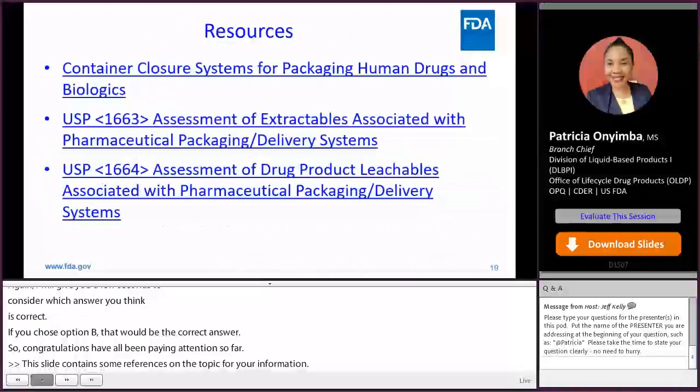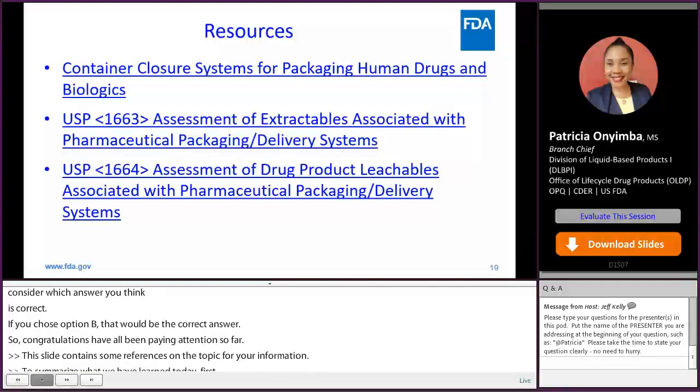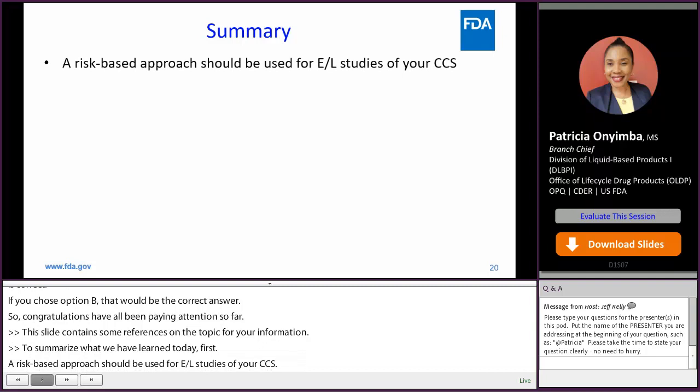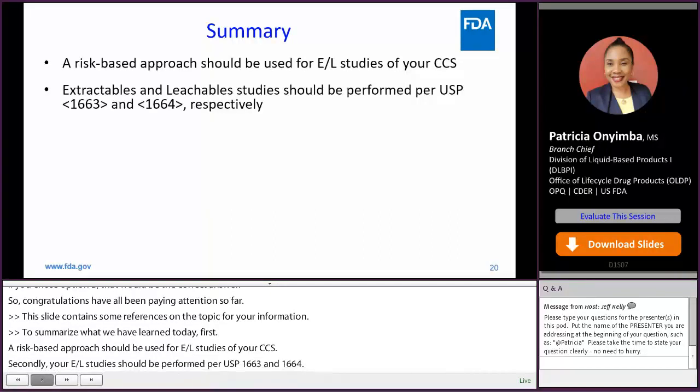This slide contains some references on the topic for your information. To summarize what we've learned today, first, a risk-based approach should be used for EL studies of your CCS. Secondly, your EL studies should be performed per USP 1663 and 1664.